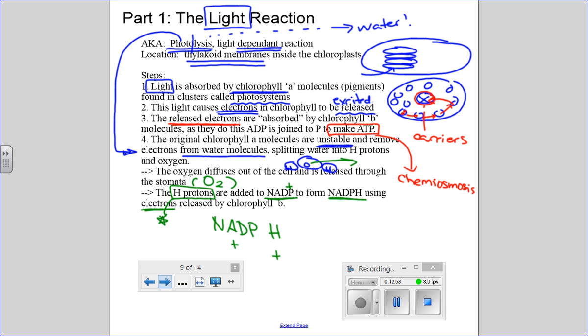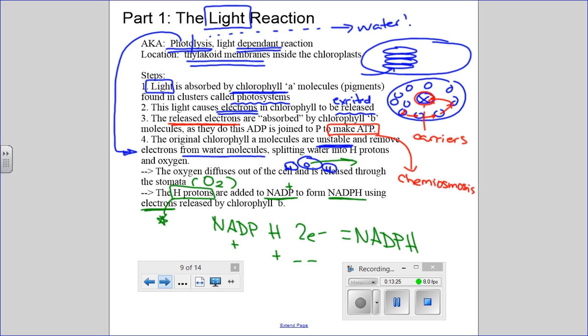Since I have 2 things that are positive, I need 2 electrons. That gives me 2 negative things. That's how I get NADPH with no electrical charge. So for me to go from NADP positive to NADPH, no charge, I need those hydrogens, but I also need those 2 electrons.